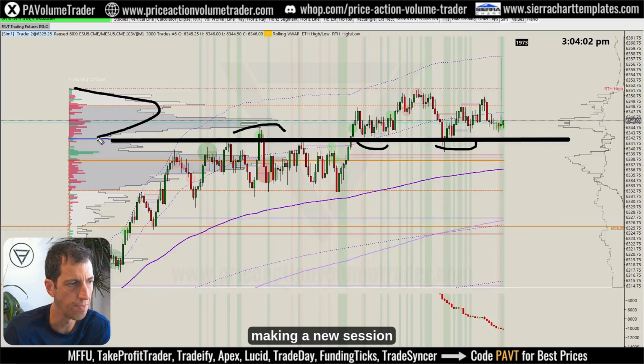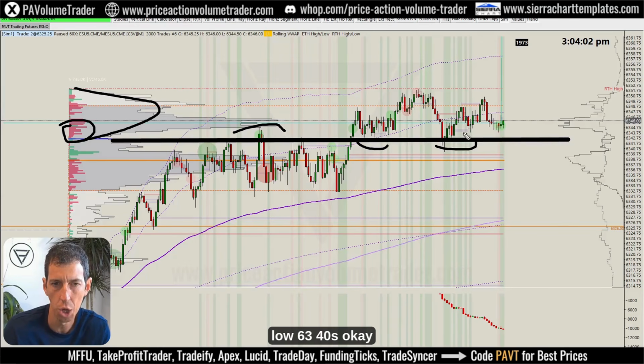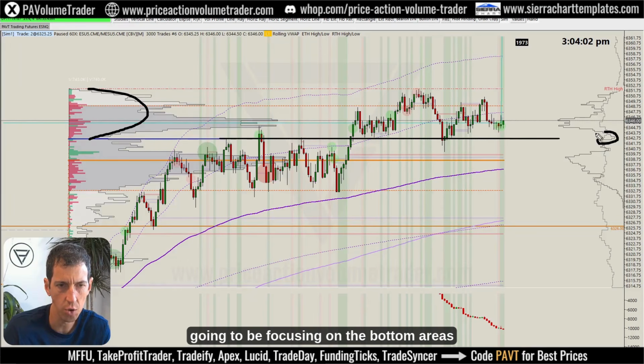We're making a new session high volume node with a lot of aggressive selling right into the low 63.40s. Okay? So let's mark off the node.